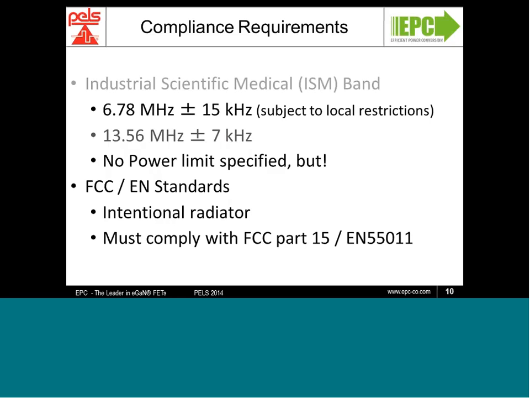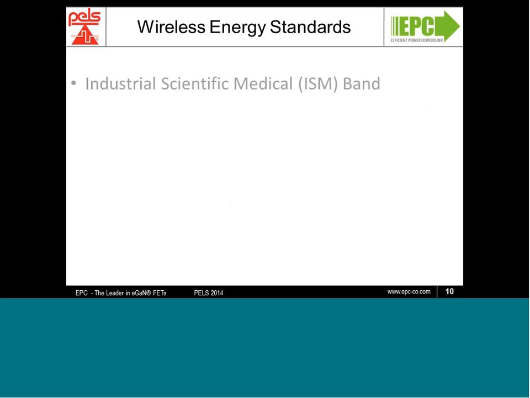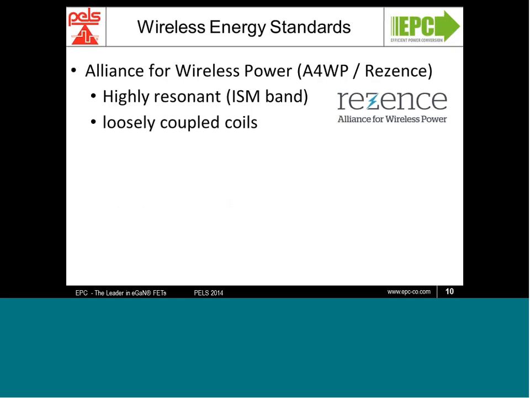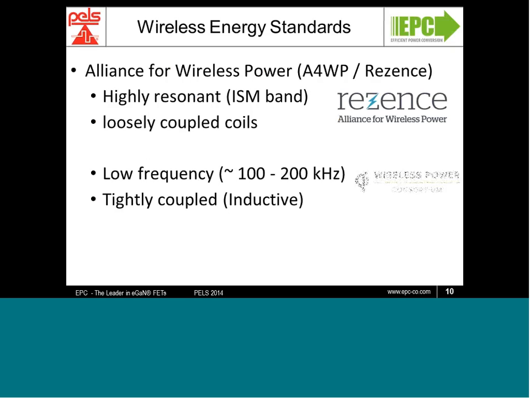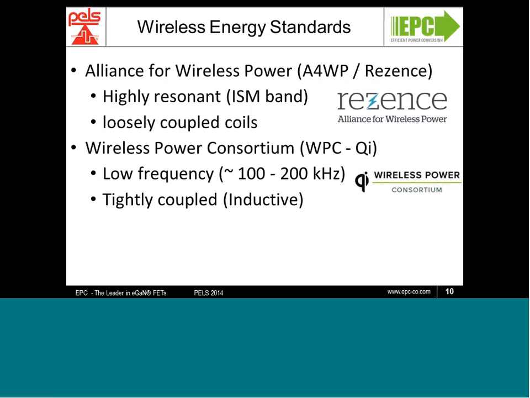Wireless energy standards are also emerging. First, we have the Alliance for Wireless Power, the A4WP, now known as Rezence. Highly resonant energy transfer based type of system for loosely coupled coils. The other wireless standard is the Wireless Power Consortium, or the Qi standard.